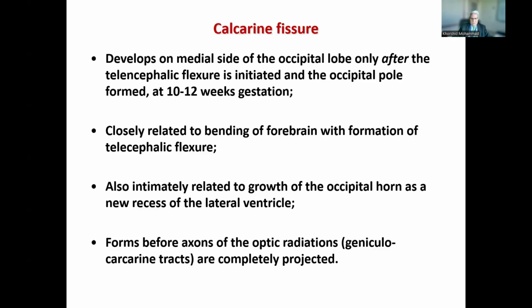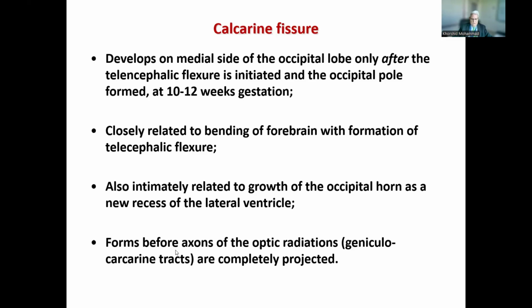And it's closely related to the bending of the forebrain with the telencephalic flexure, and intimately related to the growth of the calcarine fissure is the growth of the occipital horn, the most recent part of the lateral ventricle, as a new recess out of the lateral ventricle.